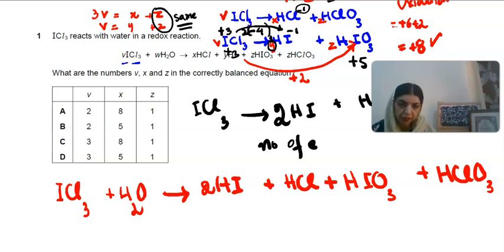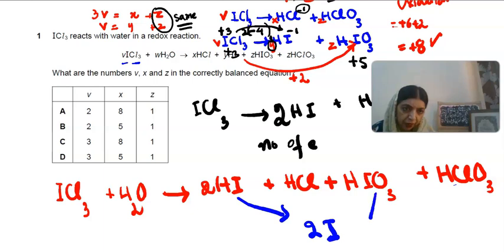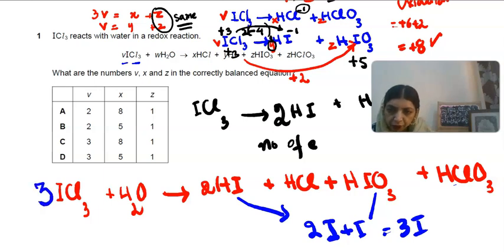Now you need to balance the number of iodine atoms, because you balanced the number of electrons on the iodine part. Now check it. You have here 2I, and here you have 1I, and you balance it, you get 3 iodine here on the product side. So in order to balance it, you need to put here 3. When you put 3, your iodine is balanced. Now come to the chlorine.